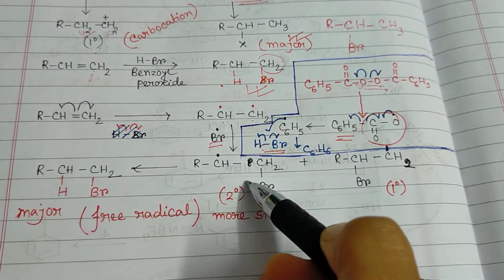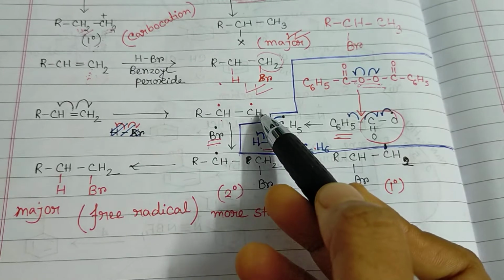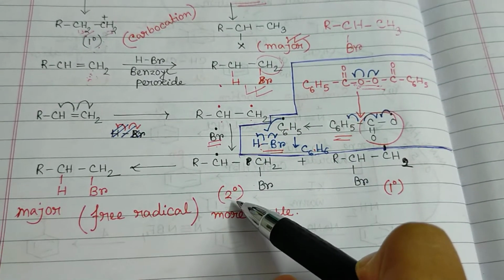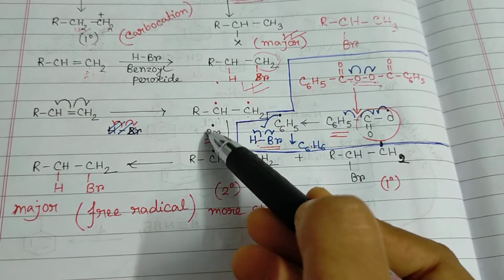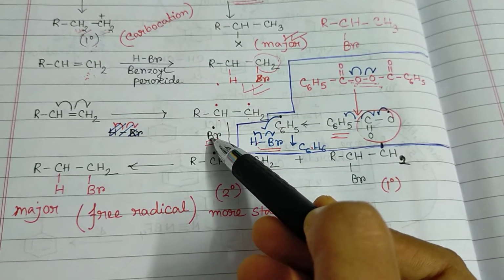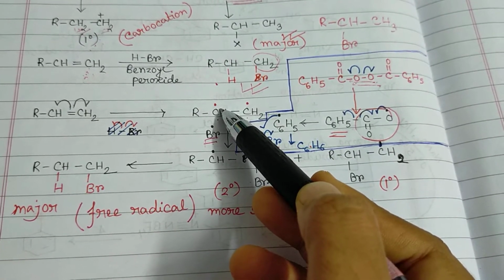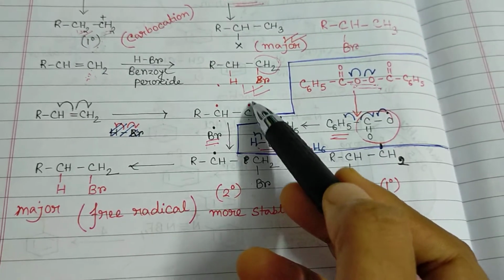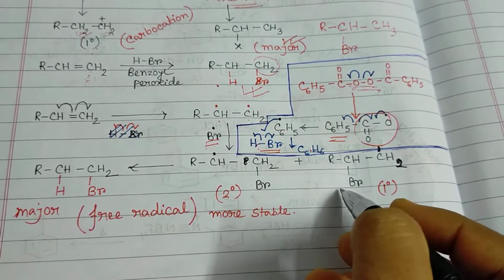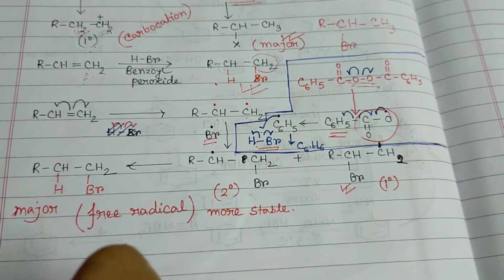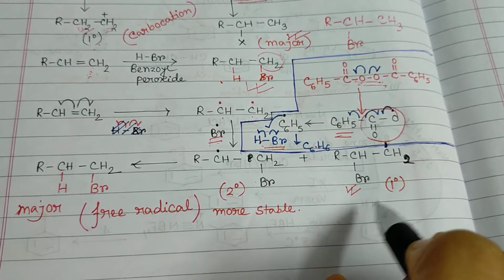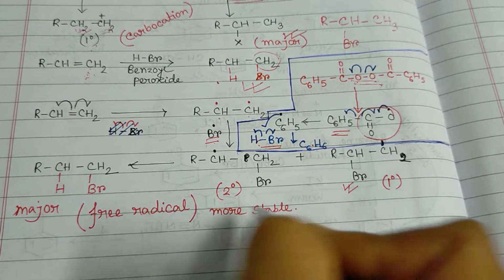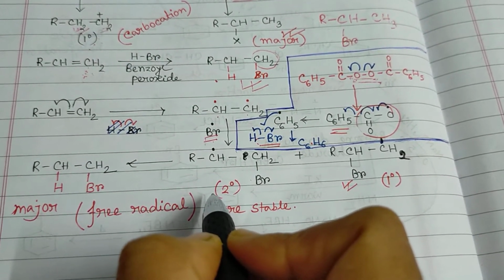In this case, where the bromine radical has added to this carbon, we can have this free radical, and where the bromine radical has added to this other carbon, we can have our free radical like this. Between these two free radicals, we can see this is a 1 degree free radical and this is a 2 degree free radical.